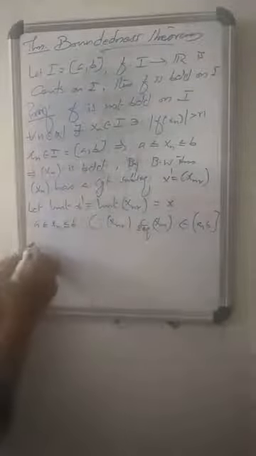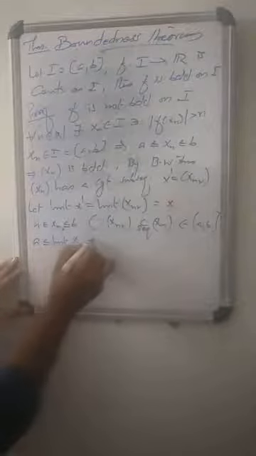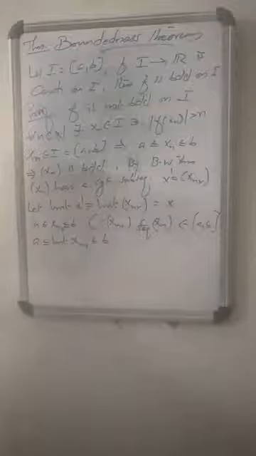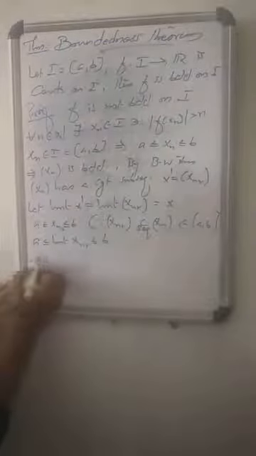Agreed. So take the limit: a ≤ limit of x_{n_r} ≤ b. The limit of a is a. Taking the limit on both sides, a ≤ limit of x_{n_r} ≤ b. But what is the limit of x_{n_r}? That is x.